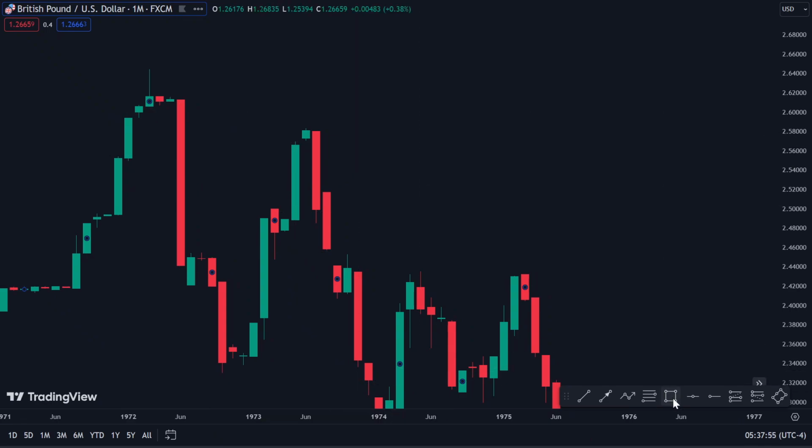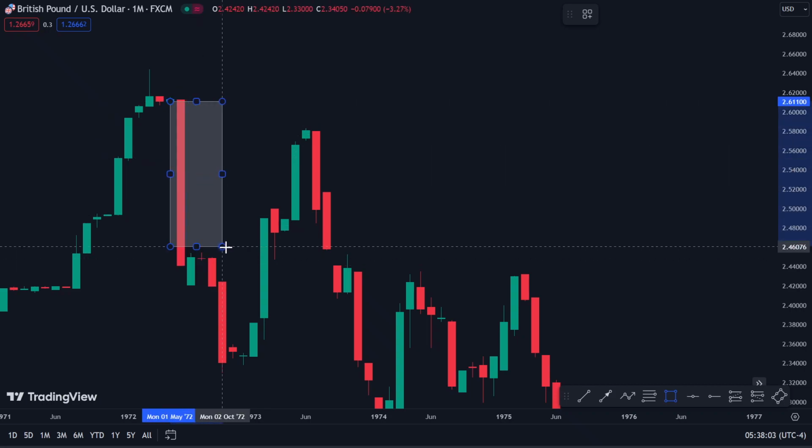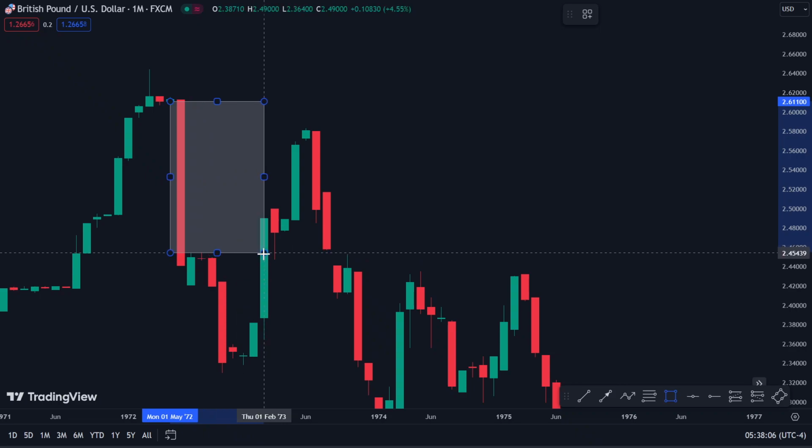So we annotate the opening price of this candlestick and the closing price of this candlestick. There we go. Now that, friends, is our CB, our fair value gap in the form of a CB, sell side imbalance and buy side inefficiency.